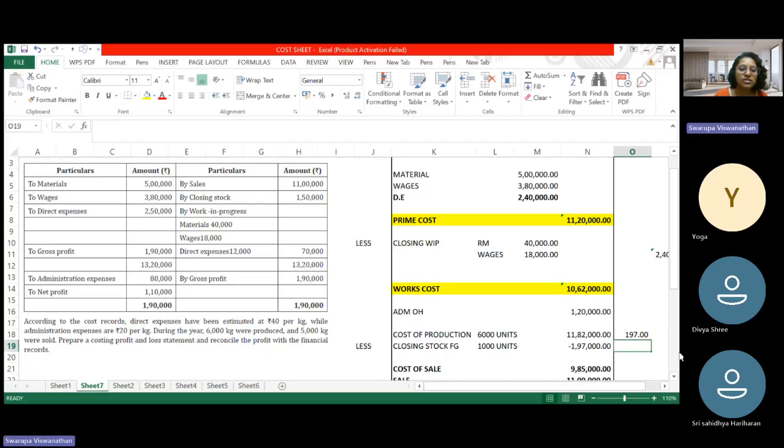So how many units of closing stock is there? 6,000 units produced, 5,000 units sold. So there is 1,000 units of finished goods lying as closing stock. So 1,000 into 197, that is 1,97,000 is the value of closing stock as per cost records. As per financials, it might be different. As per cost records, it is 1,97,000.